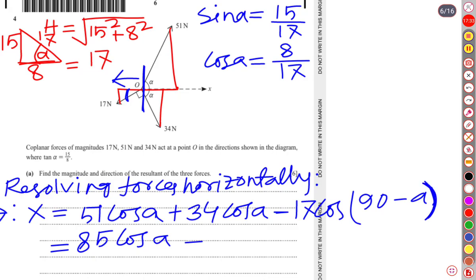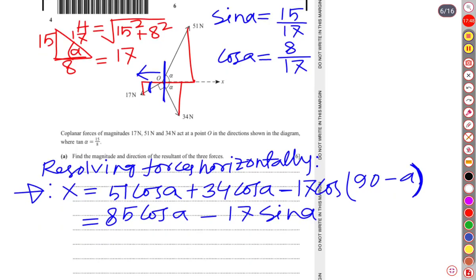This is not a new topic to be learned. We know that cosine 90 minus alpha is sine alpha. So it is going to be 17 sine alpha. Now we can easily apply the values. Let us do so.